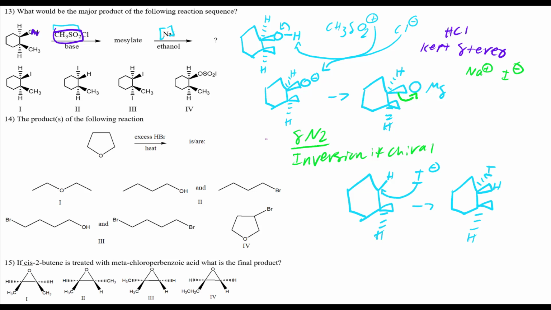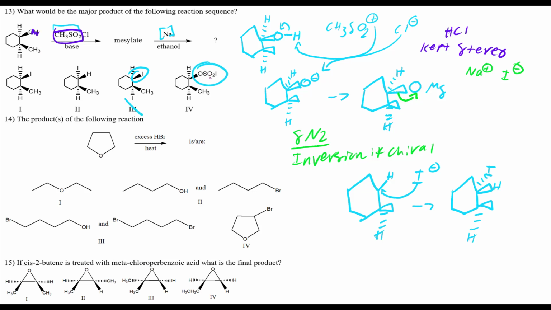That was pretty fun. What's the answer choice? Well, this will look pretty good, but the iodine is on a wedge. I know that whenever I finish doing a mesylate or a tosylate reaction, I'm going to have a retention. I should have retained the wedge, and then I'm going to react it again to get rid of the wedge and put a hash. So this should actually be a hash. This is wrong.